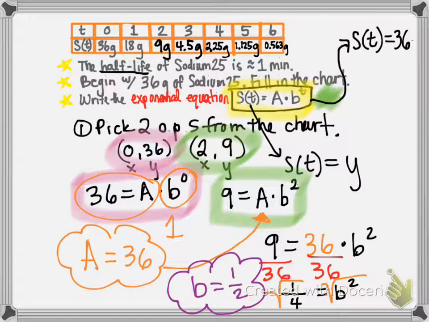I'm going to go ahead and do 1/2 and put it in parentheses, like so. And then it's raised to the t, which is really x, but t because it's time, right? So that is your equation there for this half-life of a minute for sodium.